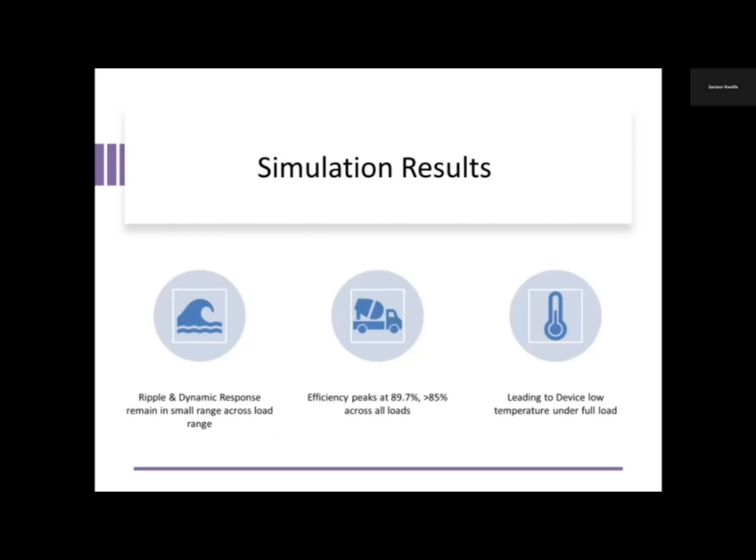The converter efficiency peaks at 89.7% and remains above 85% across all different loads, as will be discussed further by Jeff. Additionally, the hybrid architecture reduces thermal stress, keeping the device temperature low under full load operation. This shows that our design successfully balances stability, safety, and efficiency.